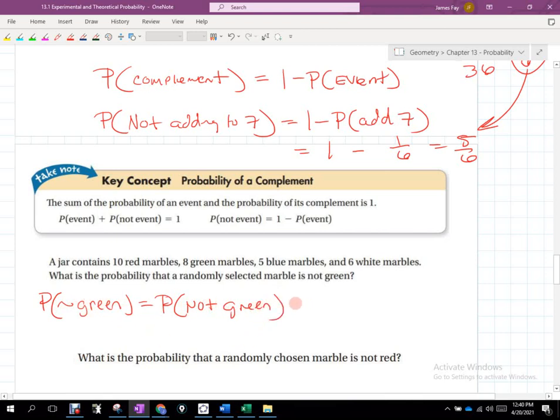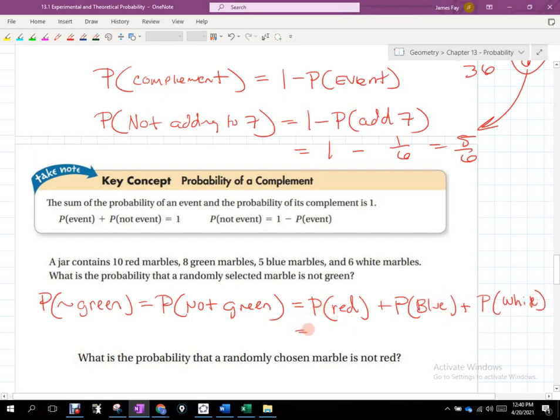Okay. Well, probability of not green, doesn't that mean that could be the probability of red, plus the probability of blue, plus then the probability of white? Does that make sense? That would be not green, correct?